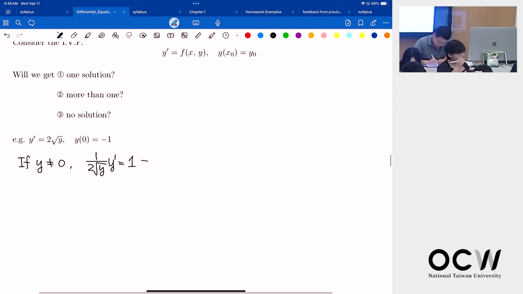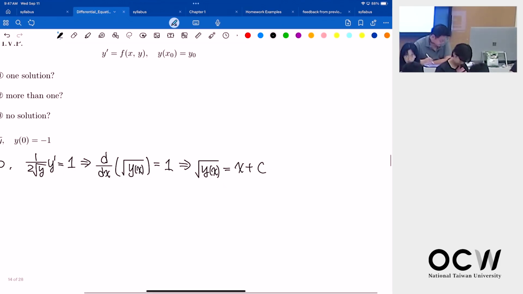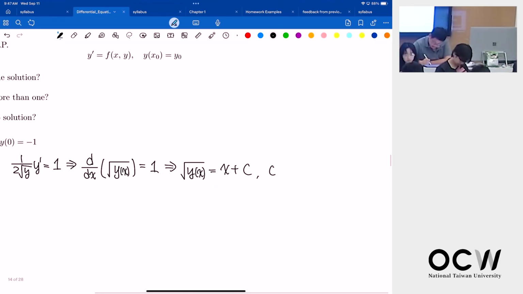Then you have d/dx of square root of y is 1. So you get square root of y is x plus a constant. And again, c is an arbitrary constant.